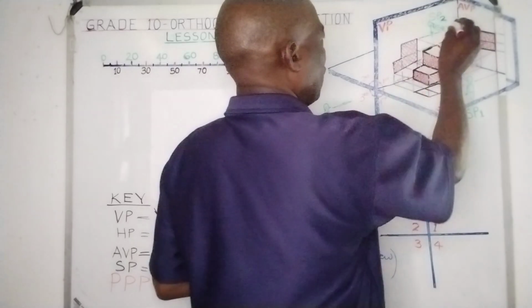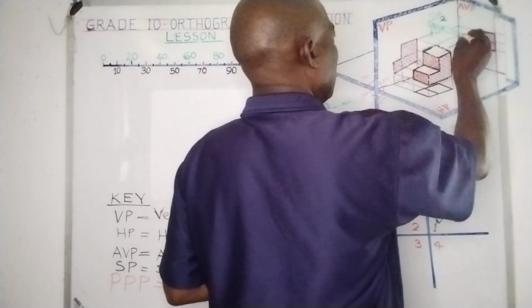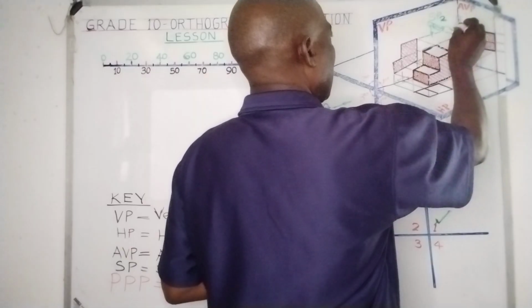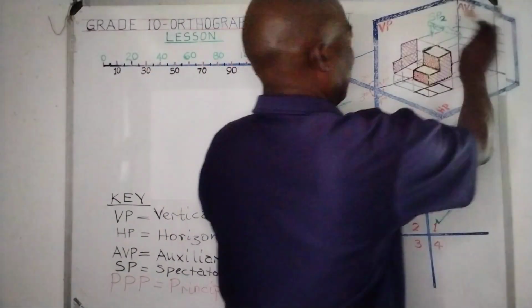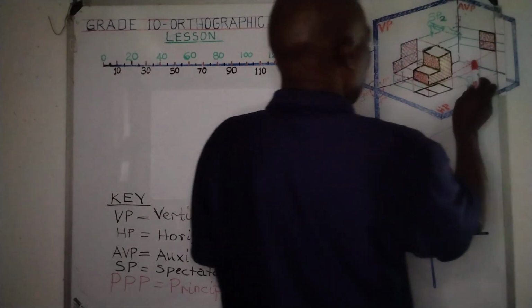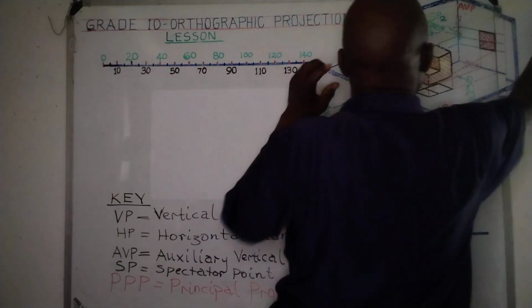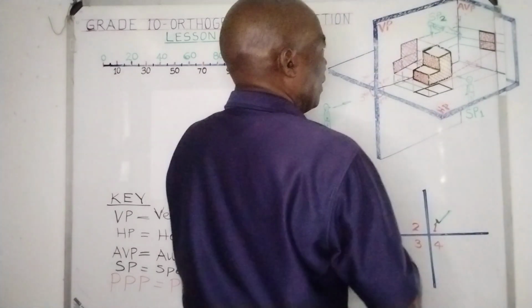That is our horizontal plane, and then I come to this one, which is our vertical plane. Right, so that's what we see.